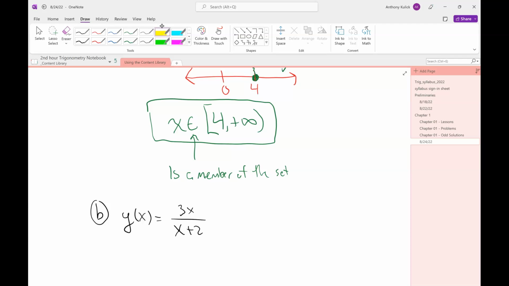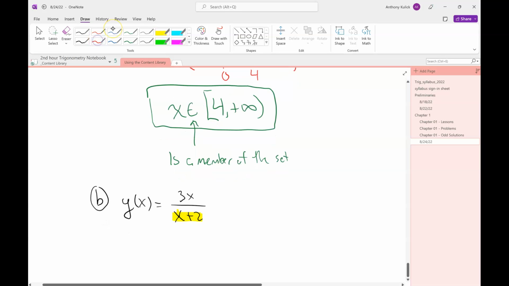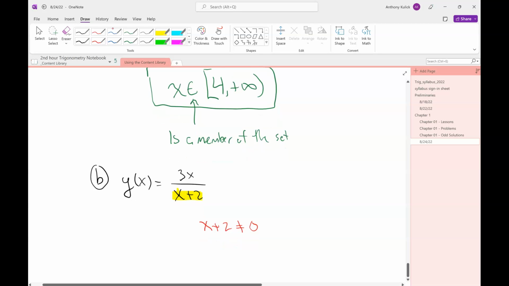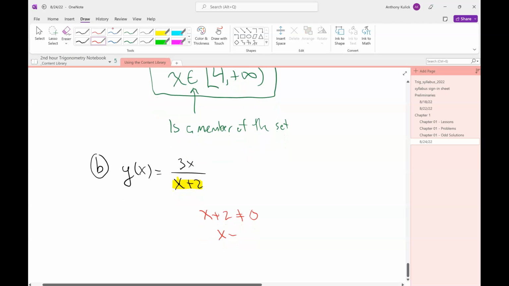Well, there's no square roots in there, so we certainly can't square root a negative. But there is division going on, right? So I need to make sure that the denominator is never 0. Everybody okay with that? So if I solve that, I get that x cannot be negative 2.